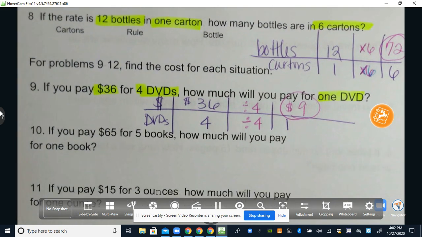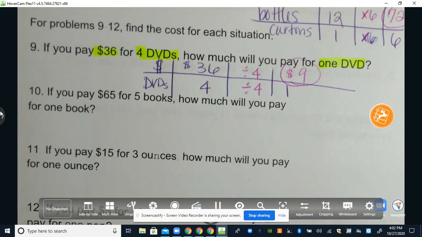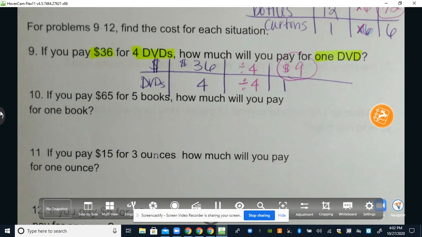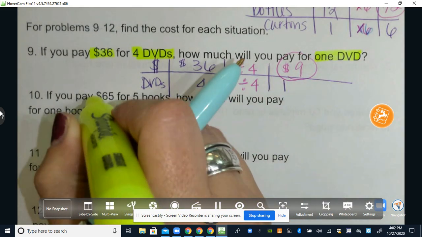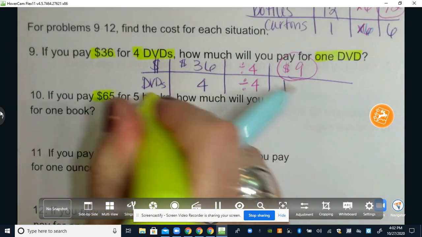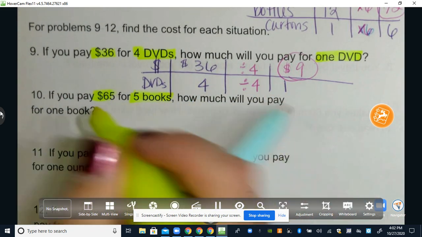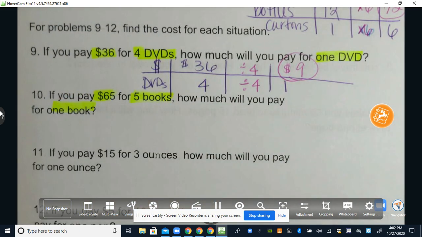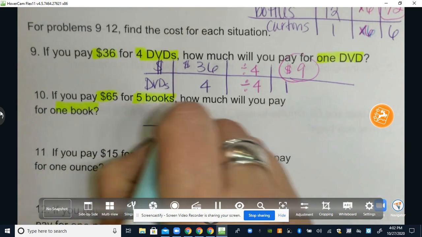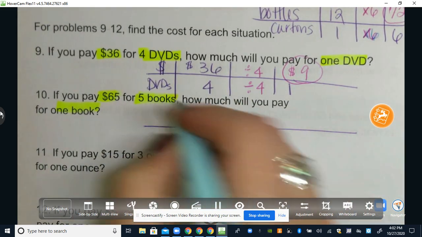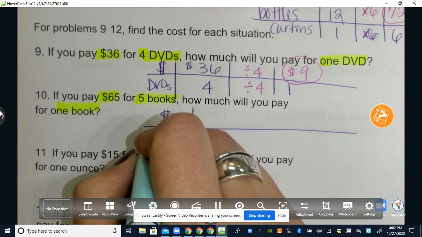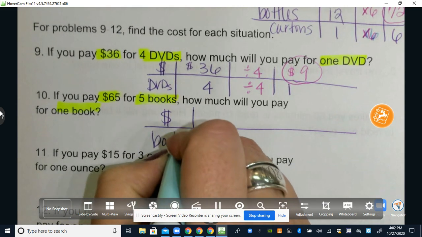My next one: if you pay $65 for 5 books, how much will you pay for one book? I'm comparing money to books. I'll set up my table. Money goes on top and the item goes on the bottom.